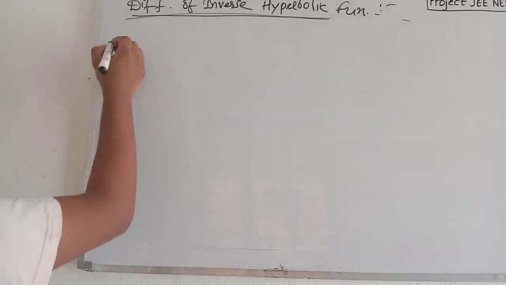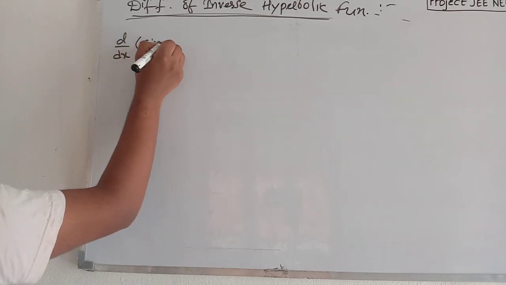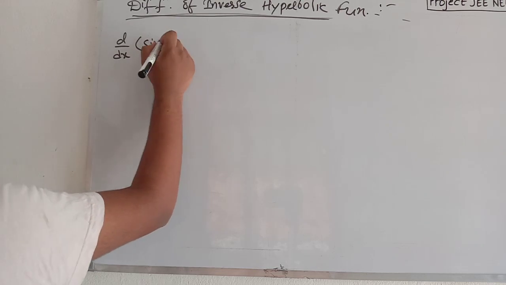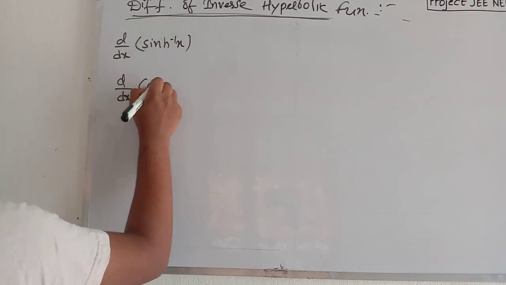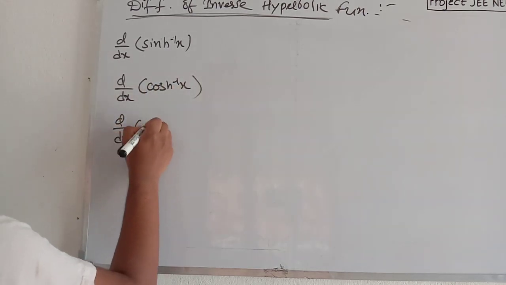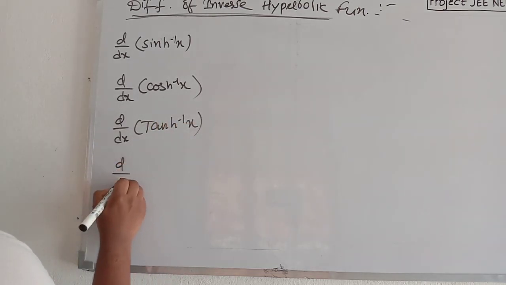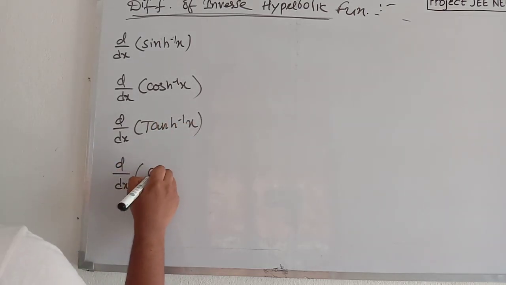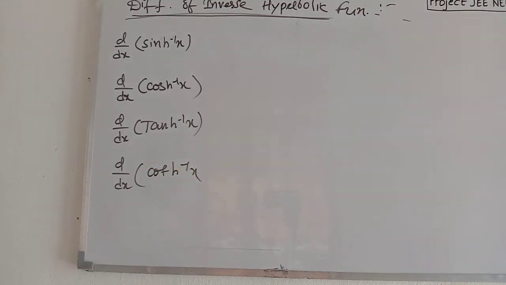So same as before, d by dx of sin h inverse x, d by dx of cos h inverse x, d by dx of tan h inverse x, d by dx of cot h inverse x.